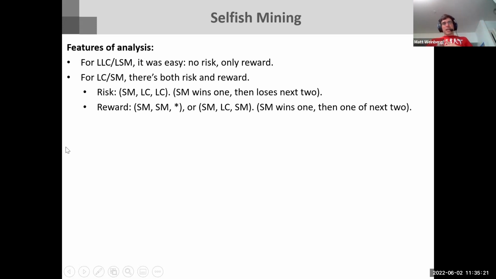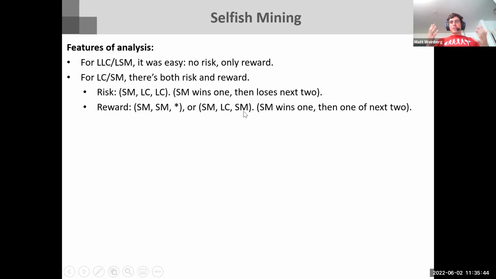For the real selfish mining, when you lose all the tie breaks, there is some risk, right? There's this risk where you create a block and then the honest people get 2 right afterwards. You lose that block. The reward case is, what if you get 2 in a row, or you get 1, they get 1, you get 1.